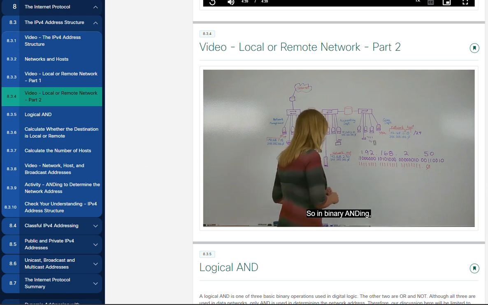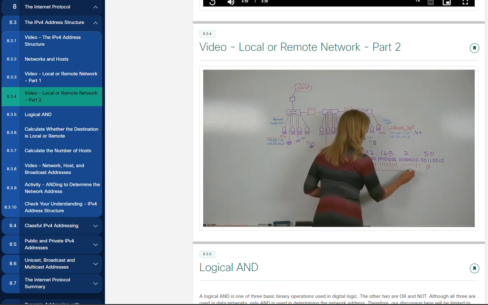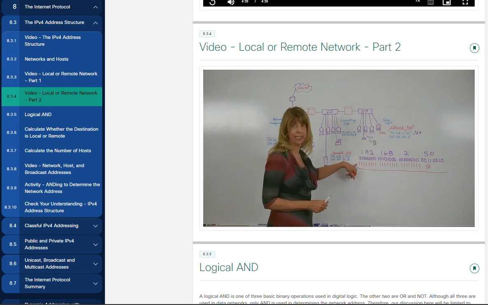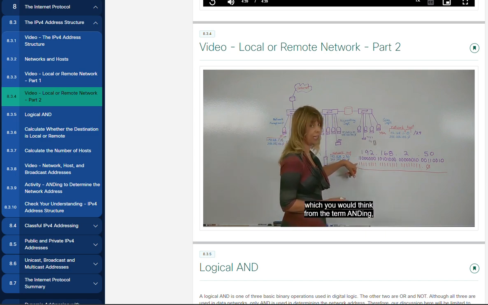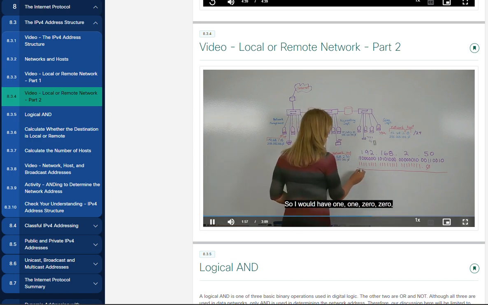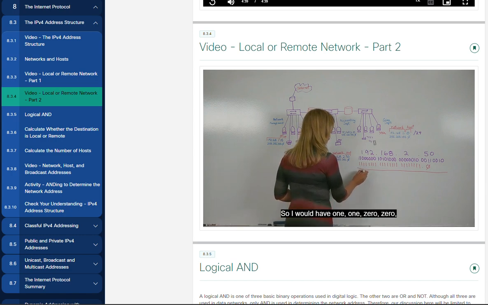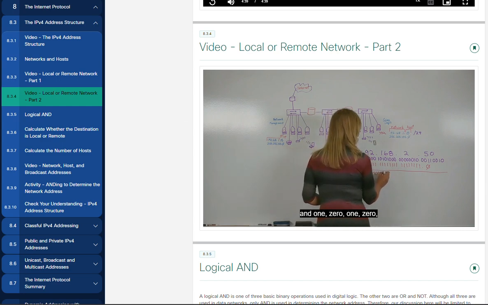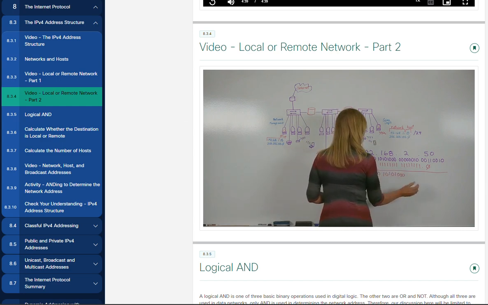So in binary ANDing, it is essentially 1 times 1 rather than 1 plus 1, which you would think from the term ANDing. But in binary ANDing, this would be the representation. So I would have 1, 1, 0, 0, 0, 0, 0, and 1, 0, 1, 0, 1, 0, 0, 0.